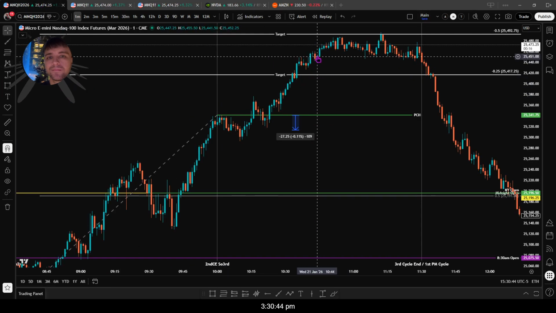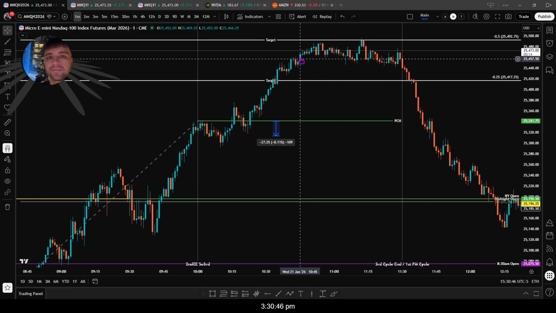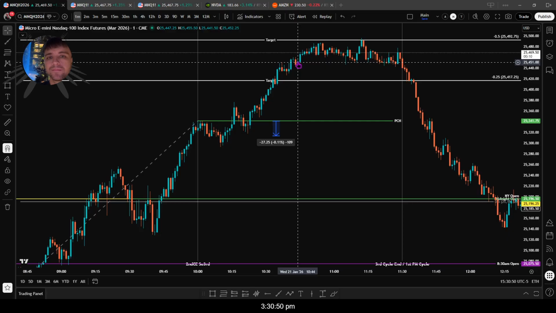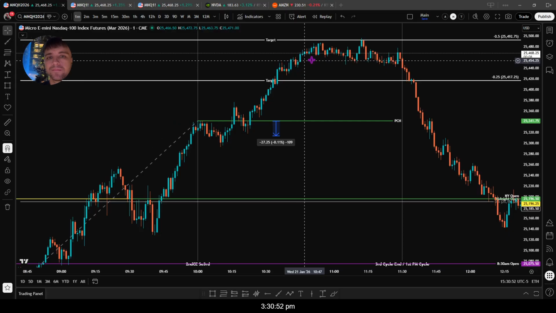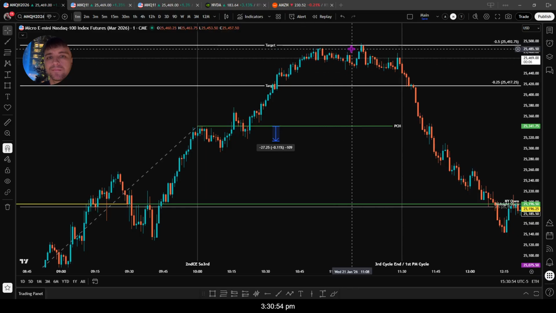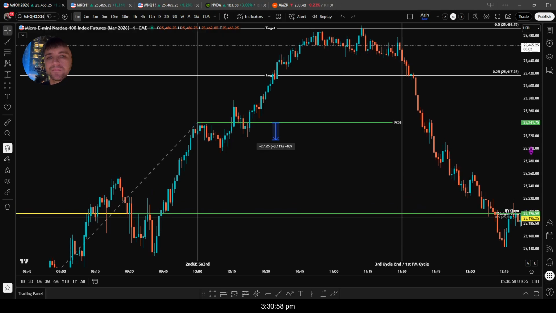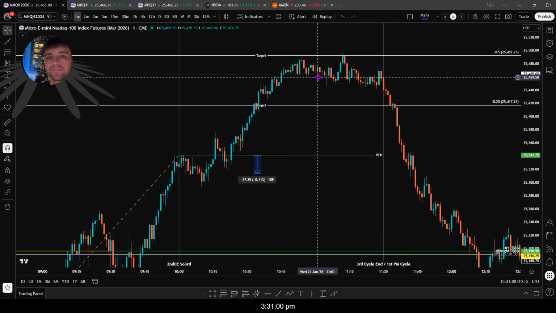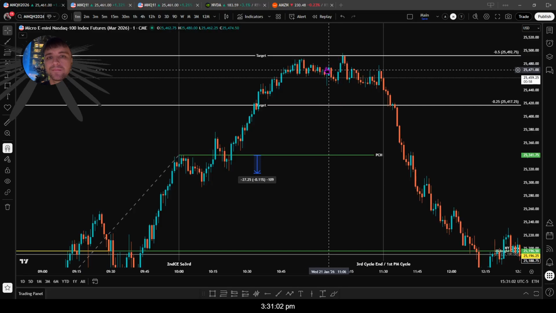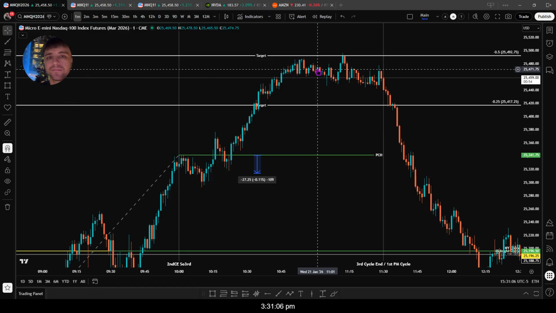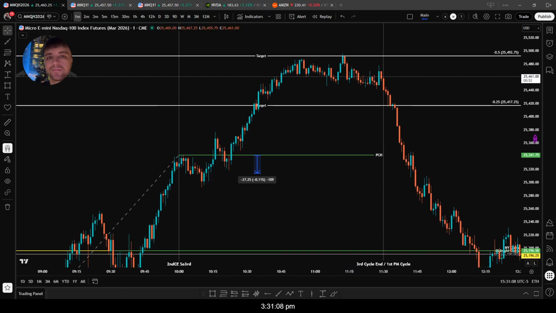Somewhere in this area here is where I took profit. I believe I did 450 exactly, since that's a nice whole number. And then I think I had 2 runners left. Once I saw we were just consolidating here, I was comfortable exiting the whole position on the next level.